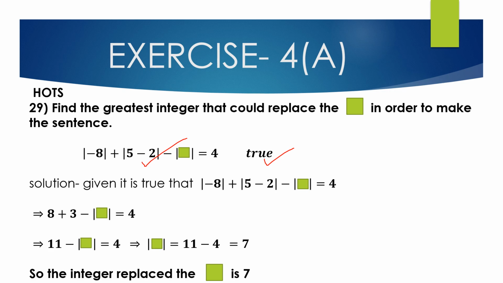We know the absolute value of minus 8 is 8, and the absolute value of 5 minus 2 is the absolute value of 3, which is 3, and the absolute value of box equals 4.